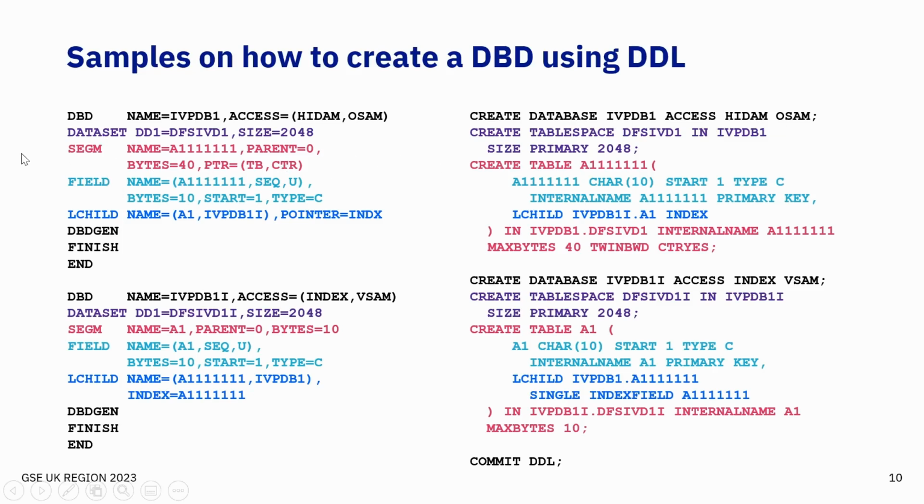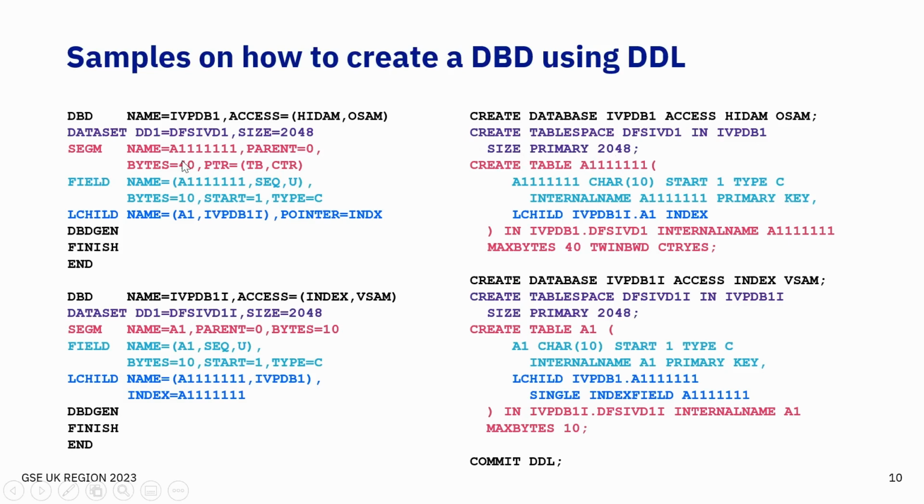This is color coordinated, by the way, so you'll see in purple the data set statement in the DBD, and in DDL would say create table space. The DD name for this data set is DFSIVD1, the name of the database is IVPDB1, and then the block size is 2048.